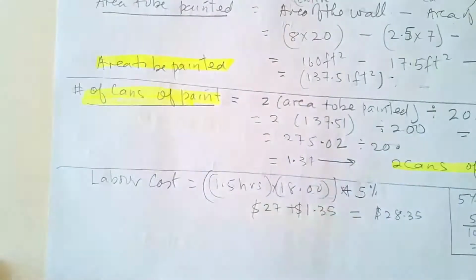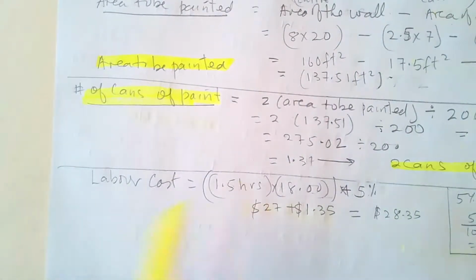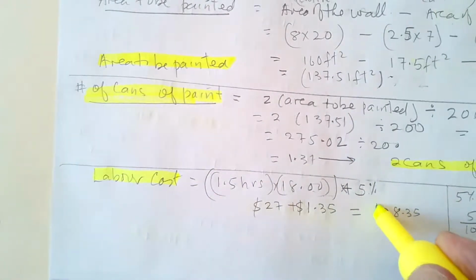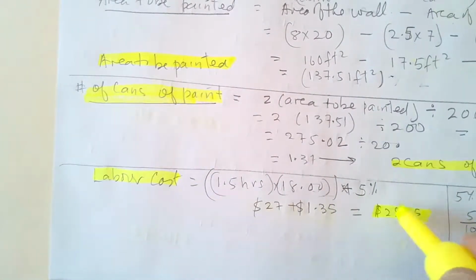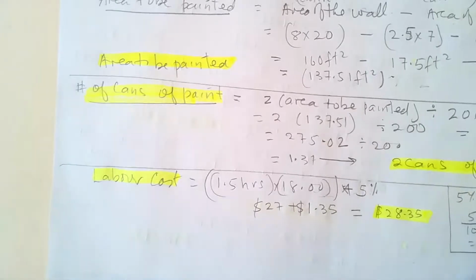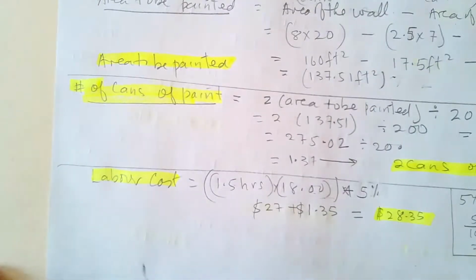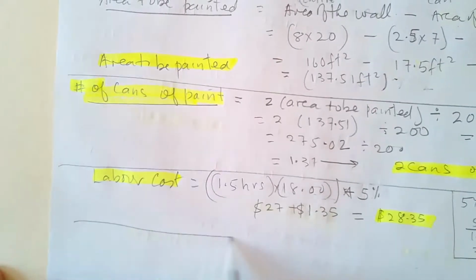So now we're so close to the final stage. These are the two items we need to find the cost for. The labor cost, we already got that.